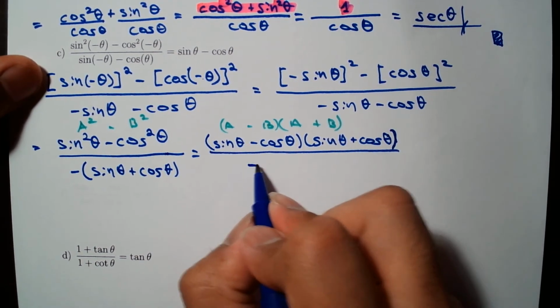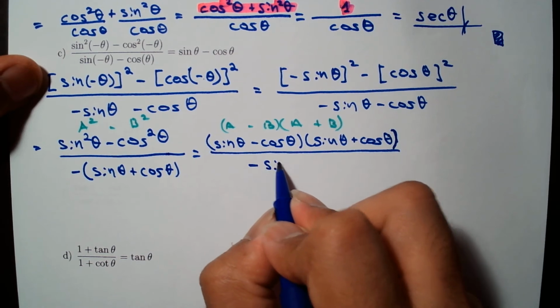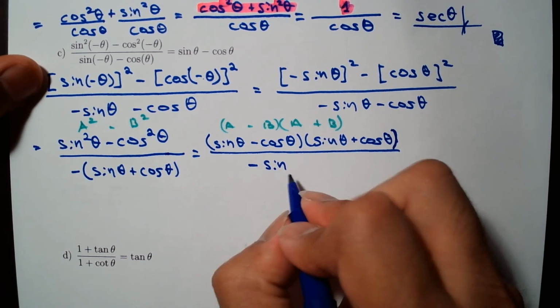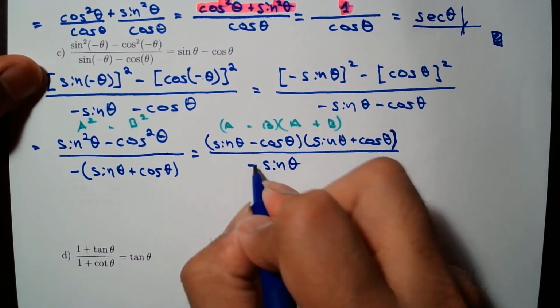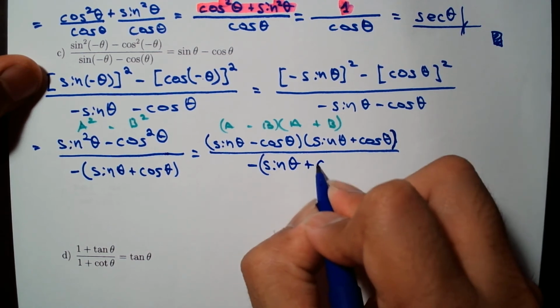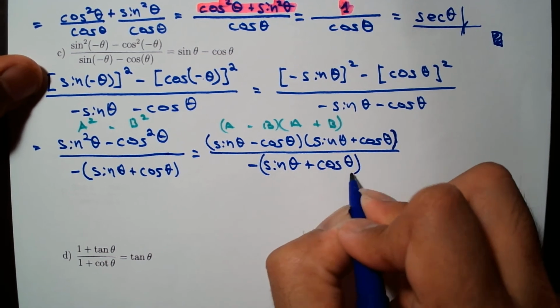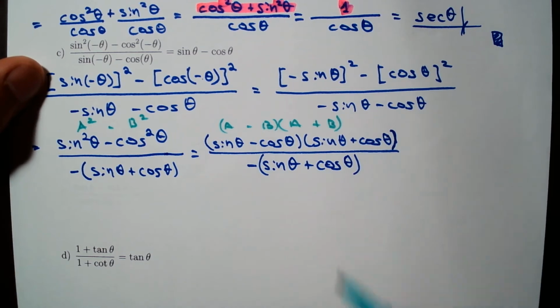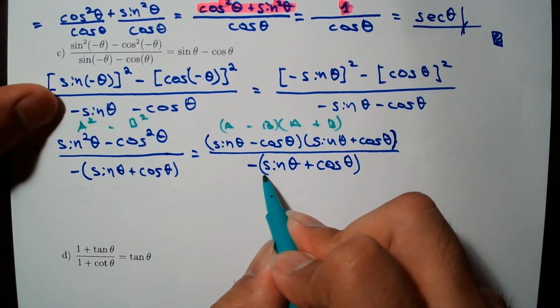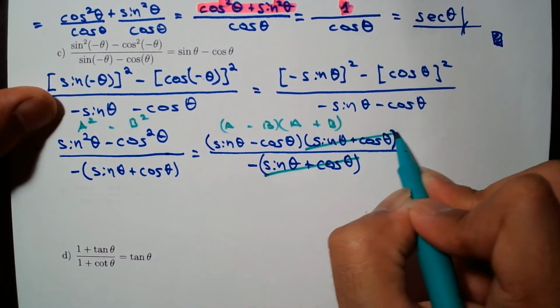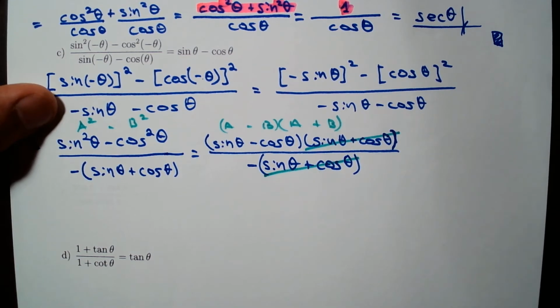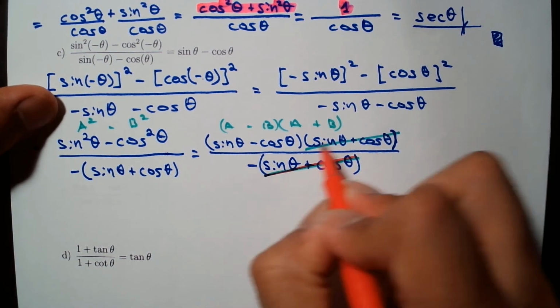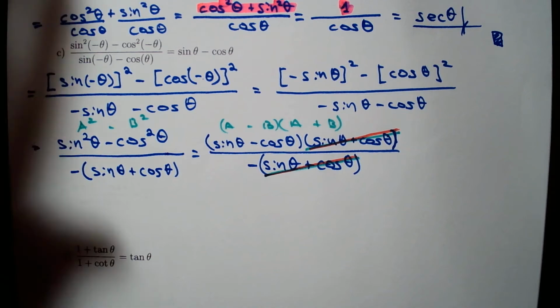And then divide by negative, open parentheses, sine theta plus cosine theta. So sine theta plus cosine theta with sine theta plus cosine theta, I should have used red, of course.